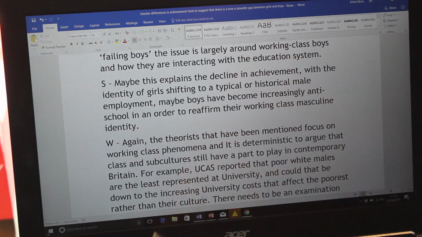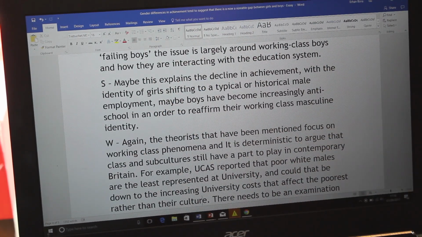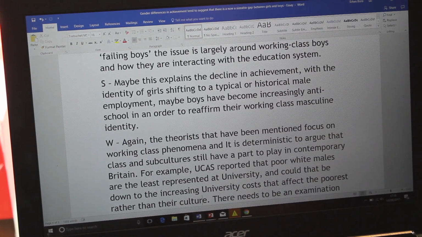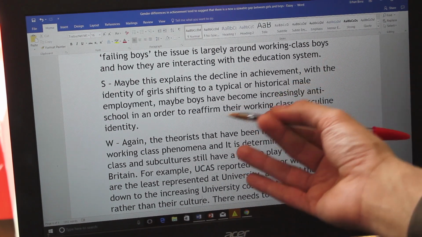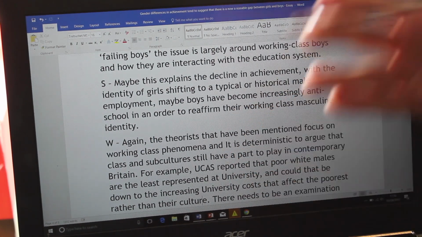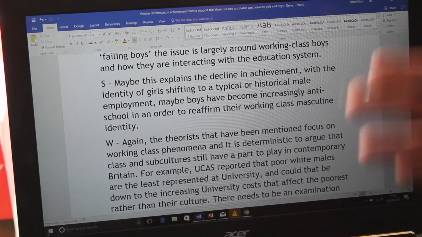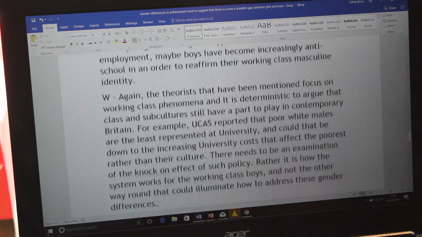So maybe because the girls' roles are changing, the boys are trying to find their own identity, and they're becoming more opposed to how school works, which may bring out their masculinity and their working class identity. Again, this is somewhat of an assumption, but I'm saying their theory could have a strength, or could have a point in terms of this argument.